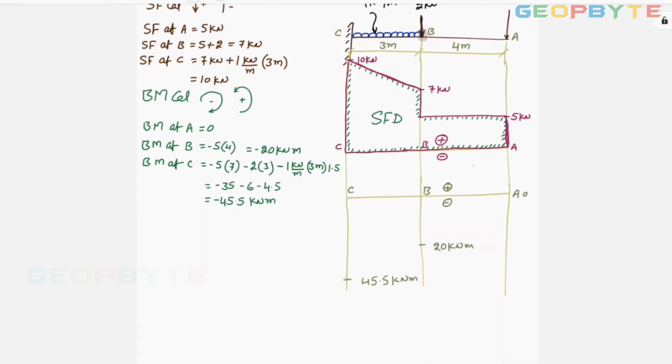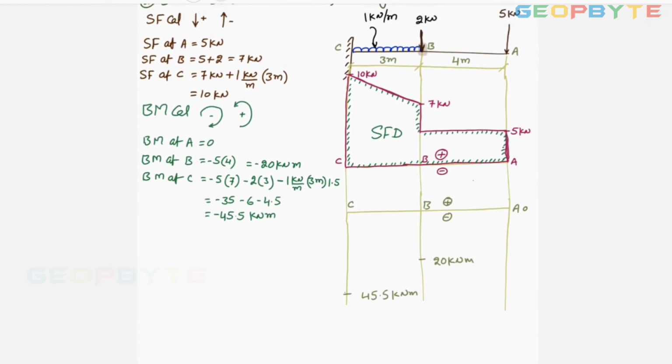In between the A and B, only point load is there. Point load effect on bending moment diagram is maintaining the straight line variation. But between the B and C, UDL is there. The UDL is causing the parabolic variation in the bending moment diagram.